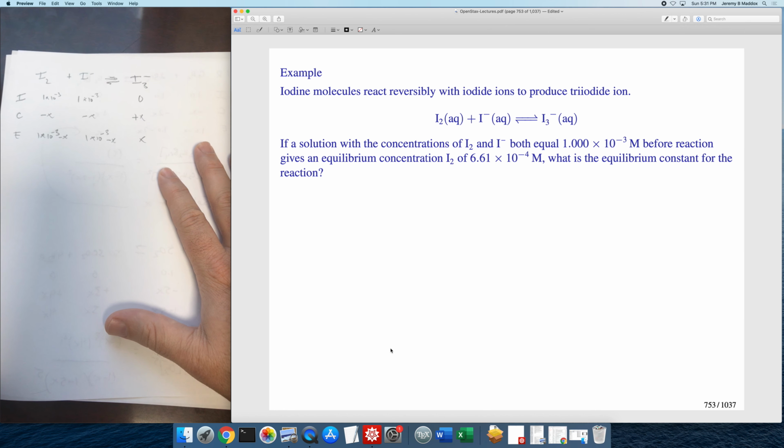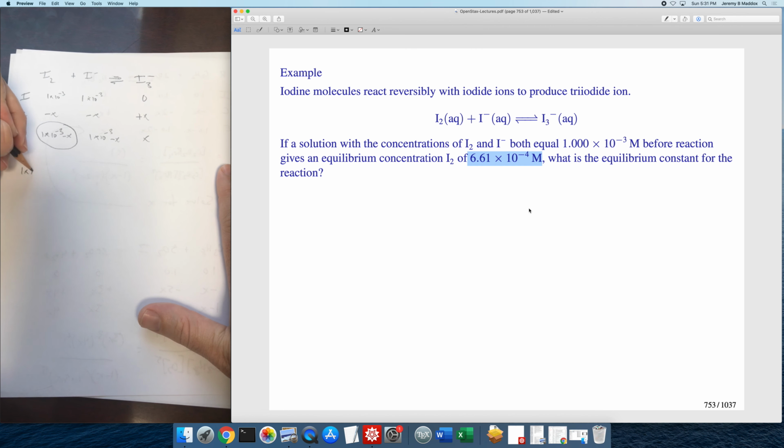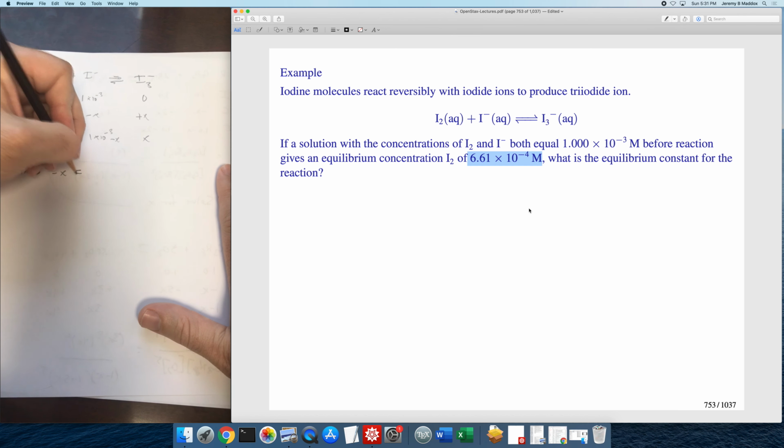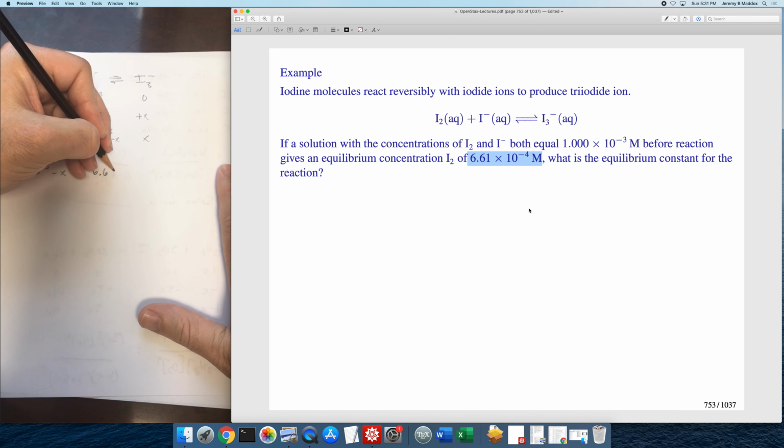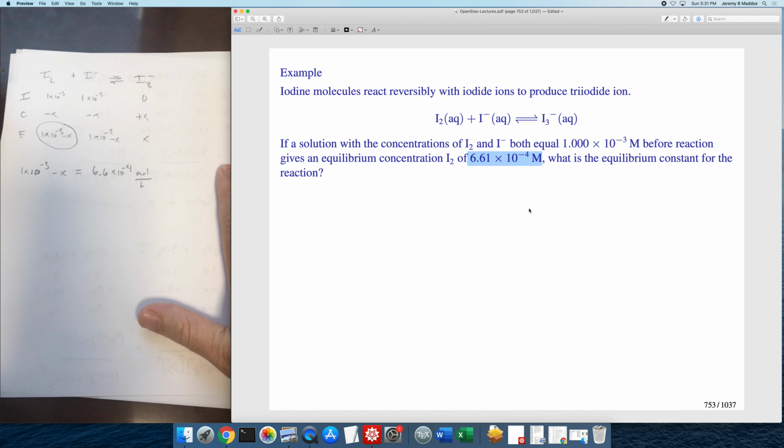Now what they're telling us is the equilibrium concentration of iodine is 6.61 times 10 to the minus 4. So this number, 1 times 10 to the minus 3 minus x, they are saying equals 6.61 times 10 to the minus 4 moles per liter.